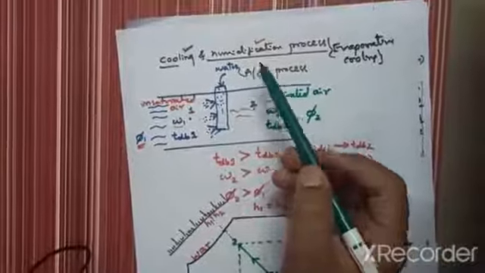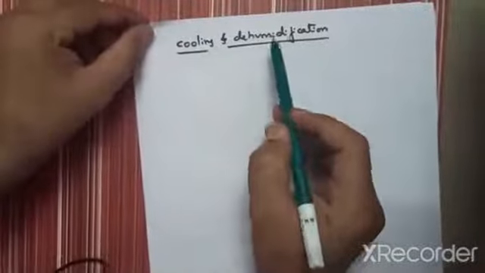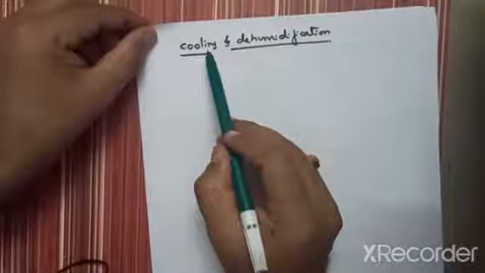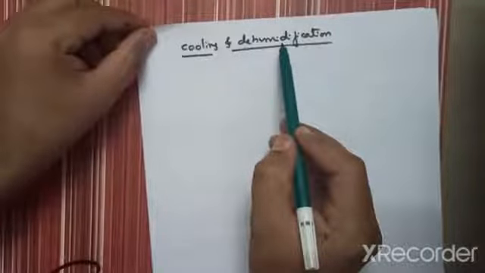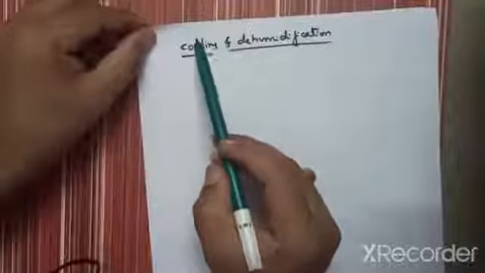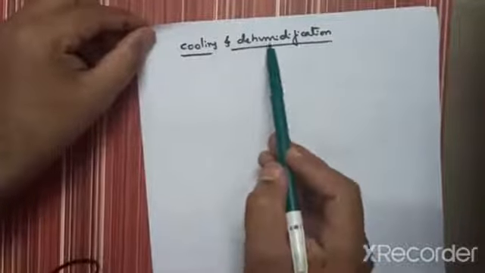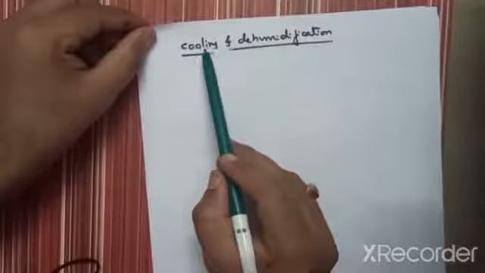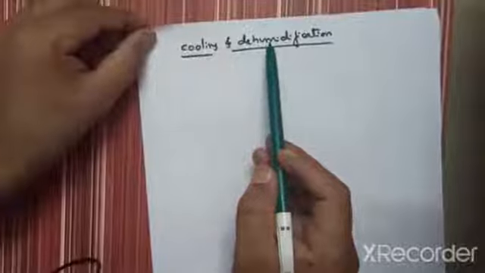So humidification and dehumidification are always accompanied with either cooling or heating. If dehumidification is accompanied with heating, the process is called heating and dehumidification. Here it is accompanied with cooling, so this process is called cooling and dehumidification.